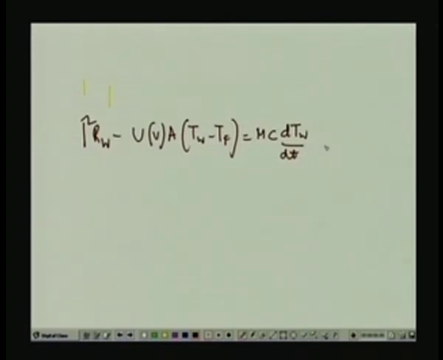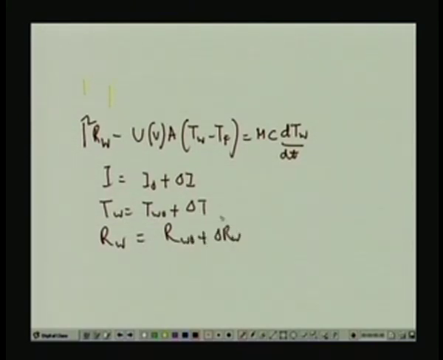Now I replace I by I naught plus delta I, I replace TW by TW naught plus delta T, RW I replace by RW naught plus delta RW, and U V I replace by U V naught plus sigma into delta V, right. If I put all this here, I will get expressions.